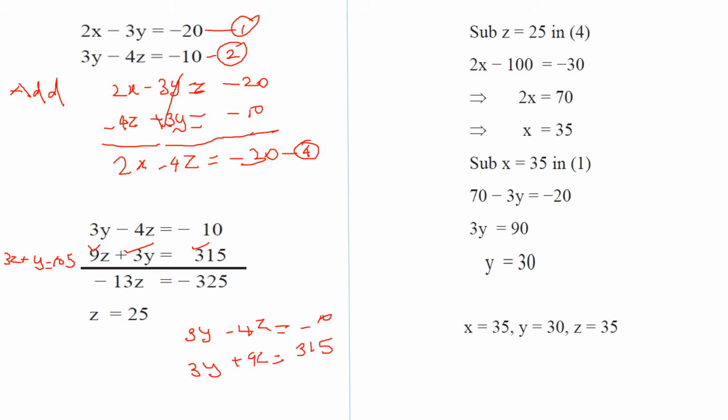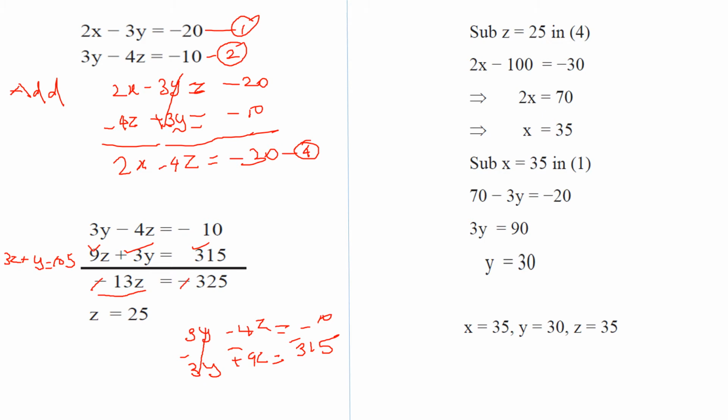So here I am changing the sign. So 3y minus 3y will cancel. Minus 4z minus 9z, that is minus 13z. Minus 10 minus 315, if you add, put the same sign, so minus 325. So minus on both sides cancel.